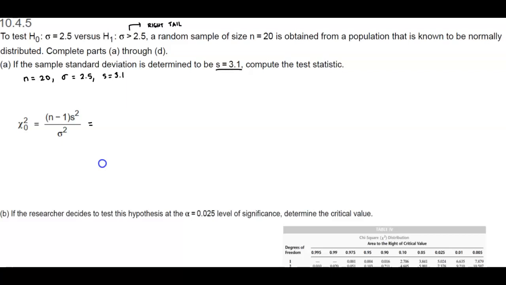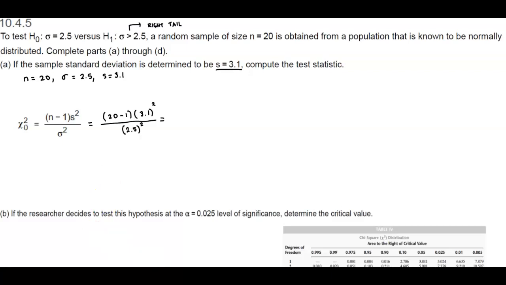Now we're going to plug it into our formula. We know that n is equal to 20. We subtract 1, multiply that by the sample standard deviation of 3.1 squared, divided by the population standard deviation, 2.5 squared.